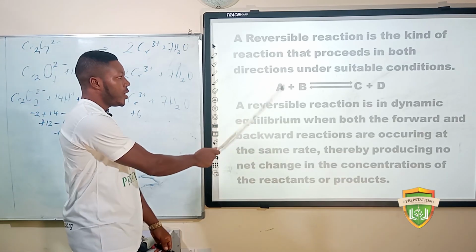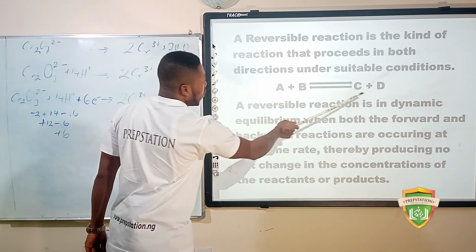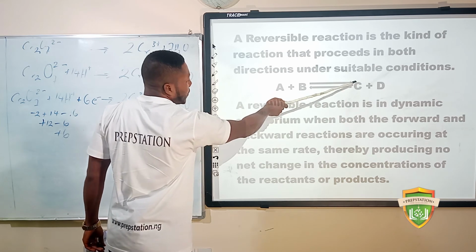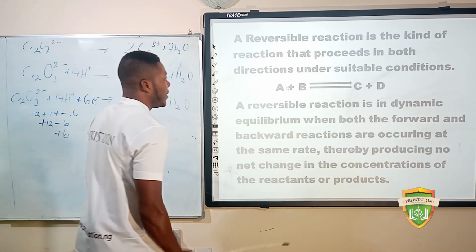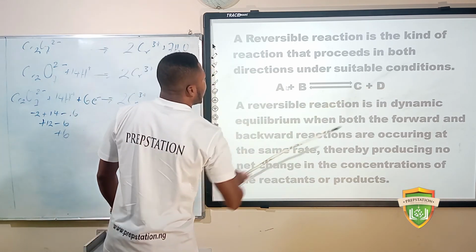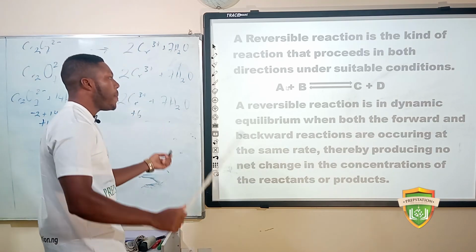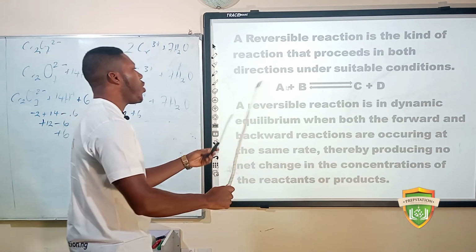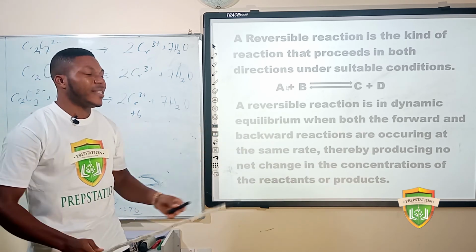If you look at this equation on the board, A plus B, the arrow that goes to my product is called the forward reaction. A plus B give us C and D. Going to my right is called the forward reaction. Coming back to my left is called the backward reaction. So they occur in opposite directions, in both directions.